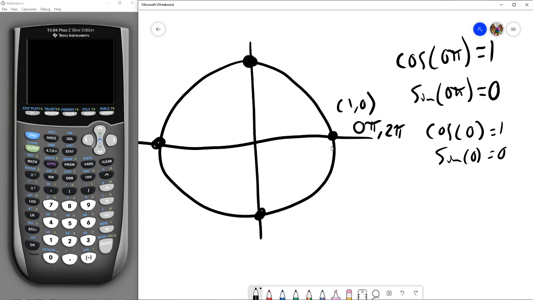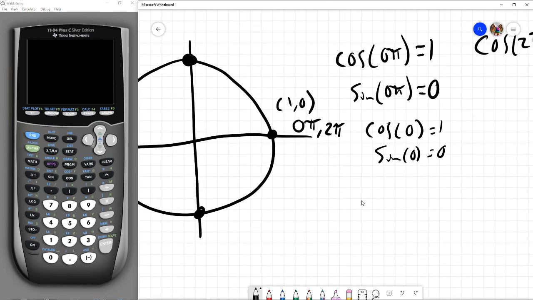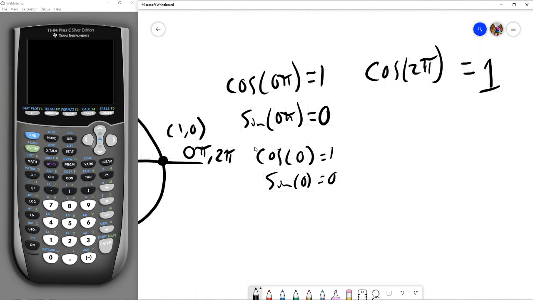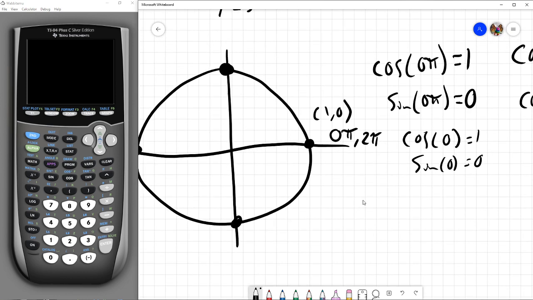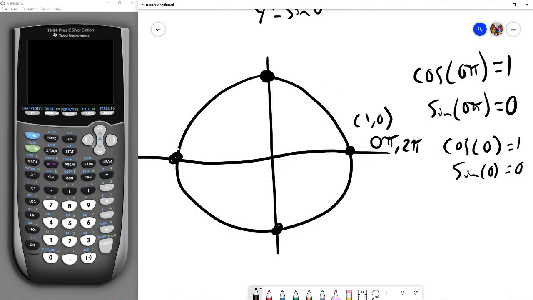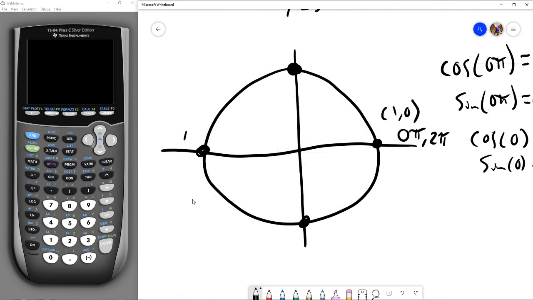In fact, if we go around the second time, that brings us to 4 pi. 4 pi is coterminal with, I meant, 0 pi and 2 pi. So cosine of 4 pi would also be just 1, because it's right here, same xy coordinate. If I go halfway around the unit circle, well, that's just pi.